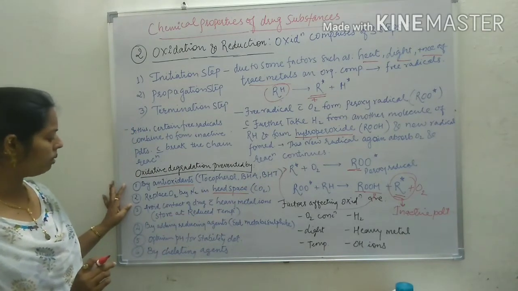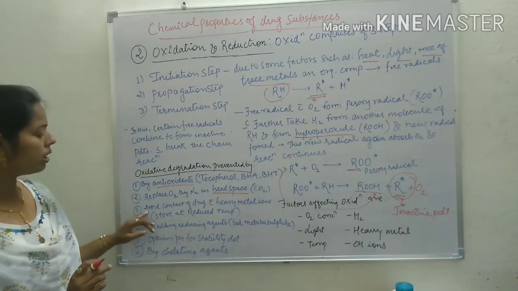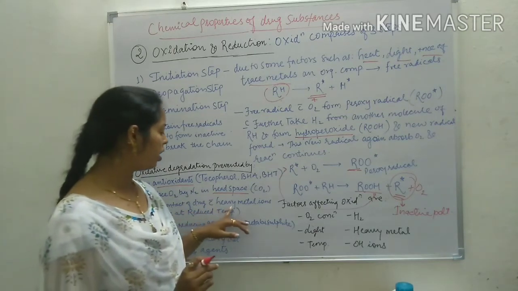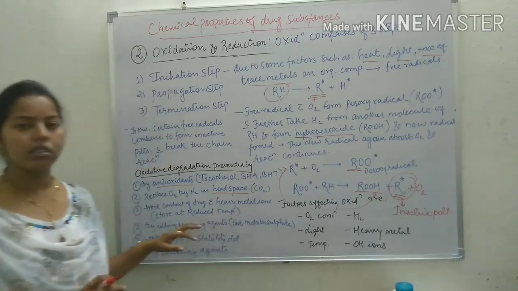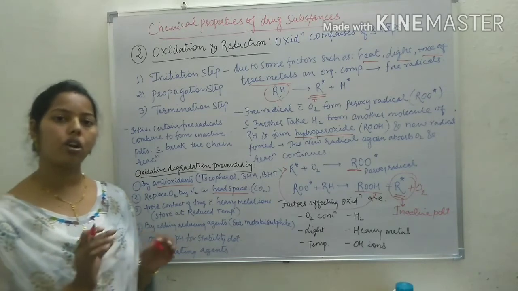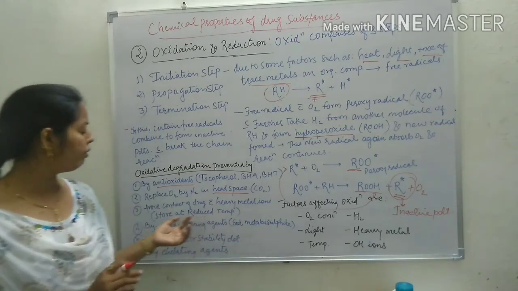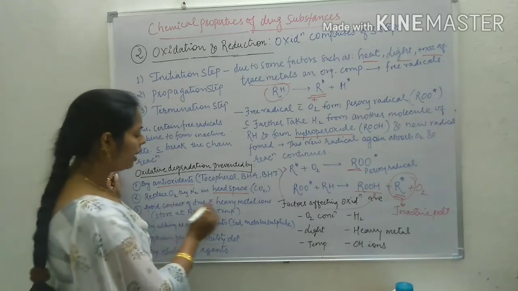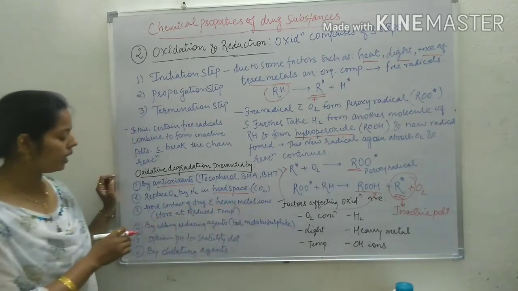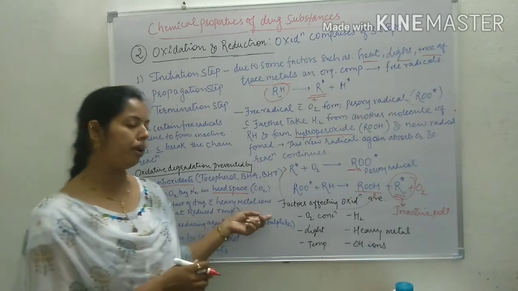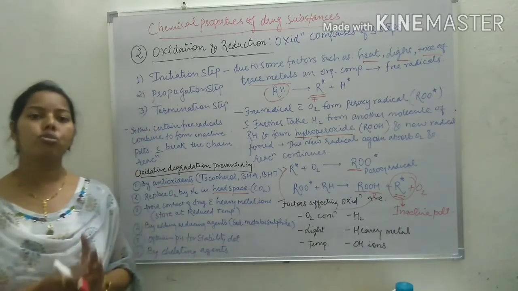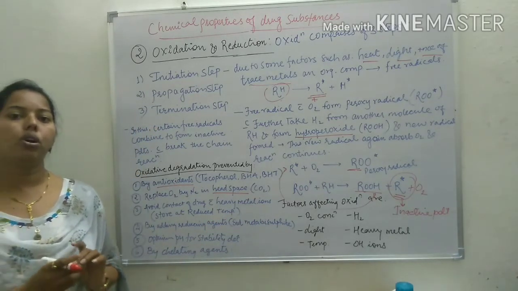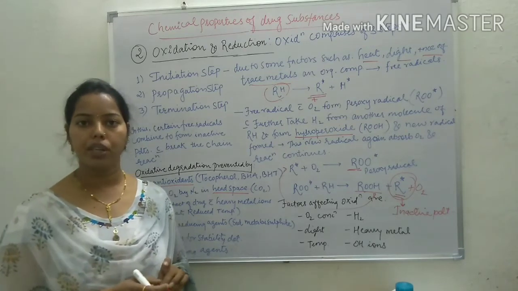The third approach is to avoid contact of the drug with heavy metal ions. If the contact between the drug and heavy metal ions is less, then fewer free radicals will be produced. To avoid this contact between the drug and heavy metal ions we can store the formulation or drug at a reduced temperature.